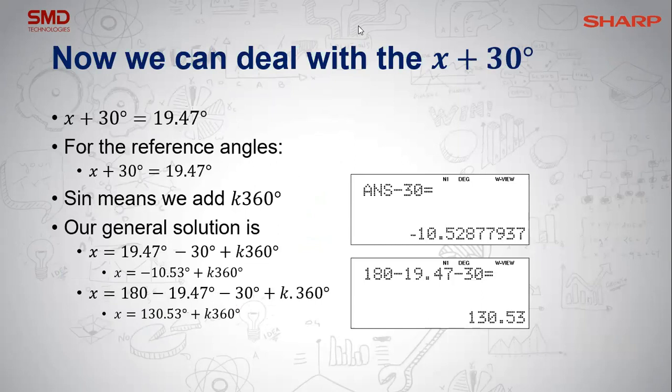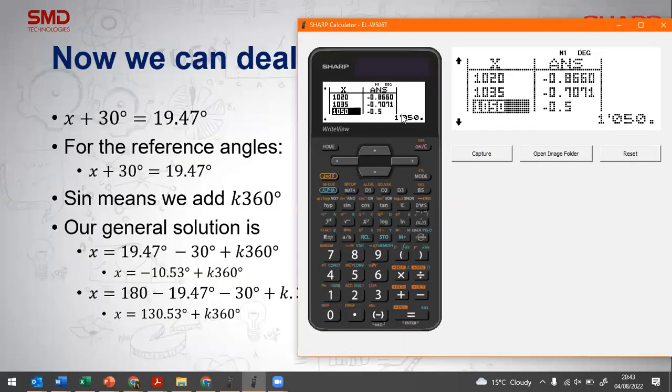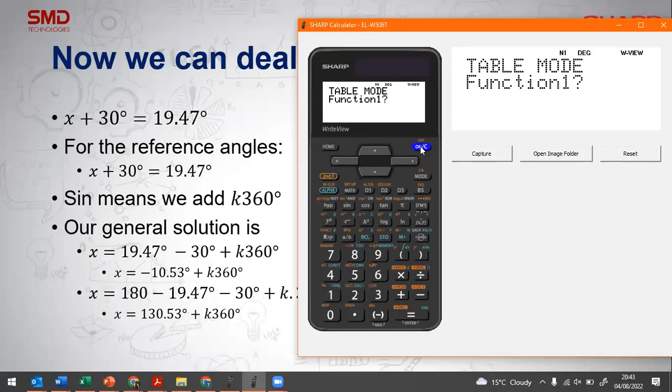And then what we do is we clear that function away on our calculator by pressing on twice.